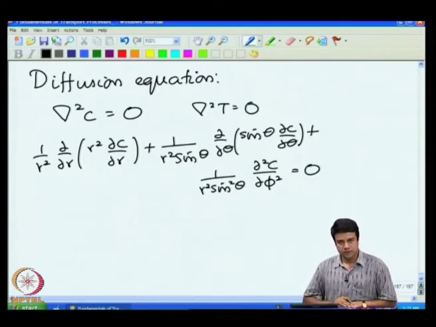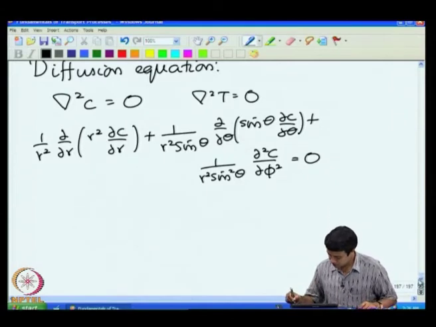So, this is the equation. I will not specify boundary conditions for a specific configuration right now, but rather I will look at what kinds of boundary conditions arise naturally from symmetry considerations.